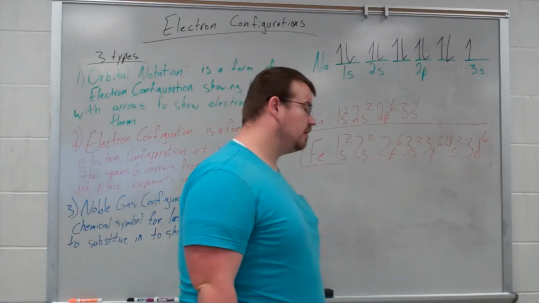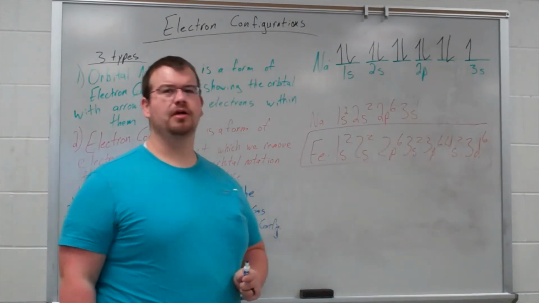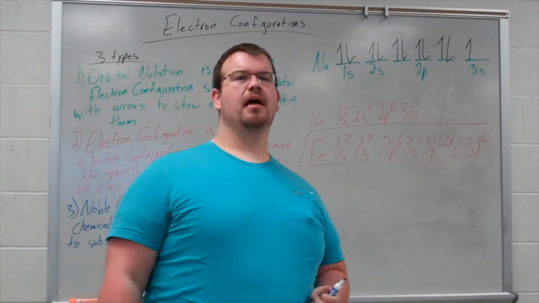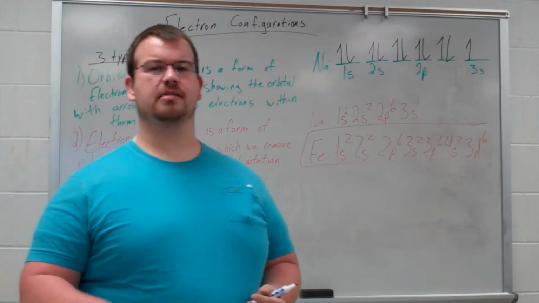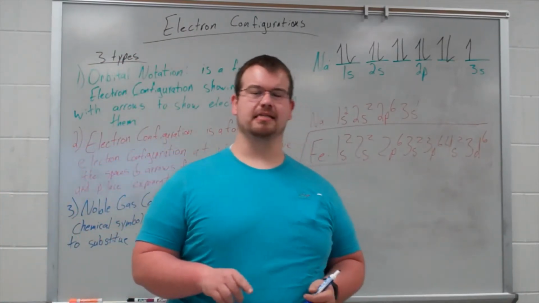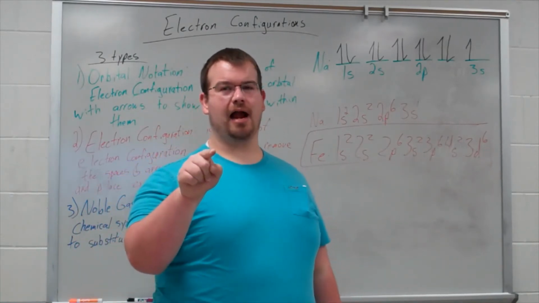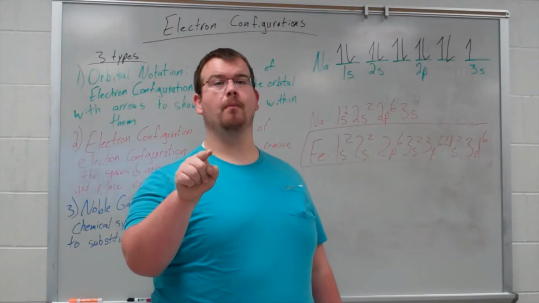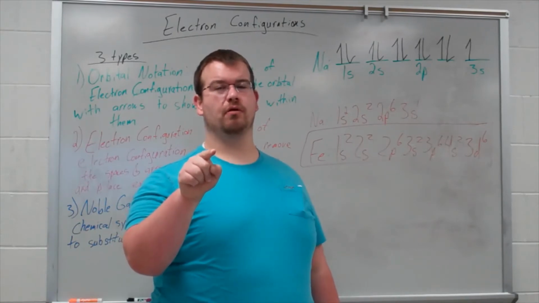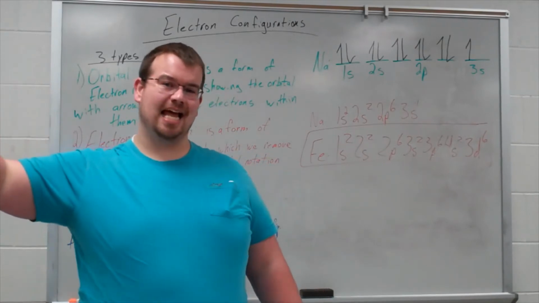So I'll show this to you here in a second, but iron, for example, when I look at iron, I look at the last crossed noble gas we went over. The easiest way to do that is take your finger on your periodic table, put it on iron, then you're going to move up one row. So we're going from 4th row, 3rd row. Then you go all the way to the end to the 18th column.